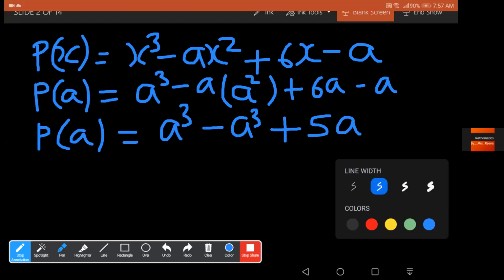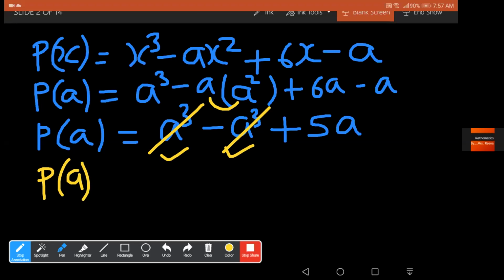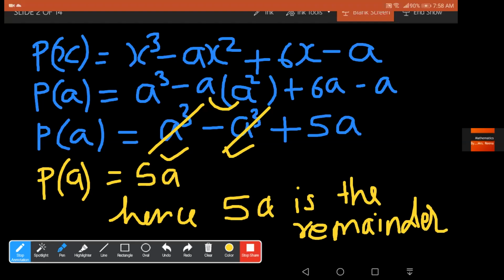If we solve this, a into a square will be a cube, so we get a cube and minus a cube, plus 5a. So this will be cancelled out and the value of pa equal to 5a. Hence we can say that 5a is the remainder for this.